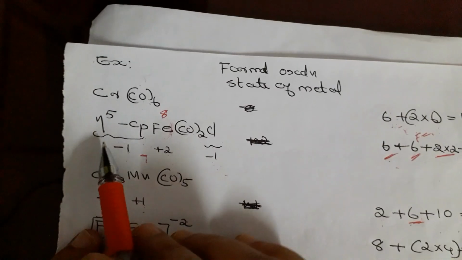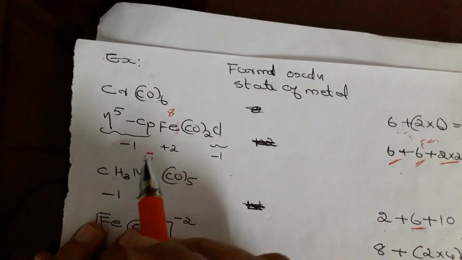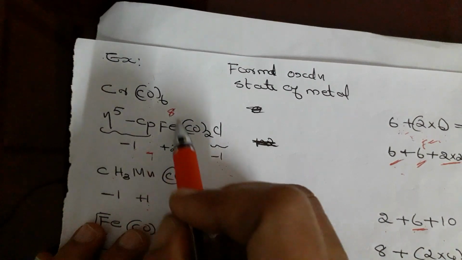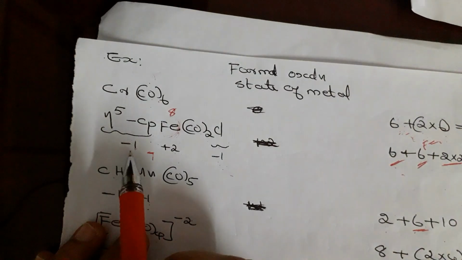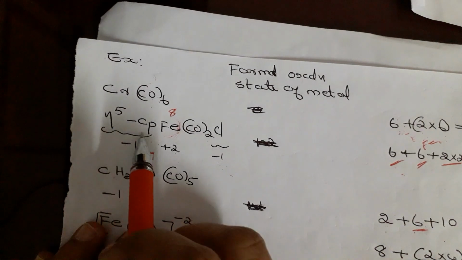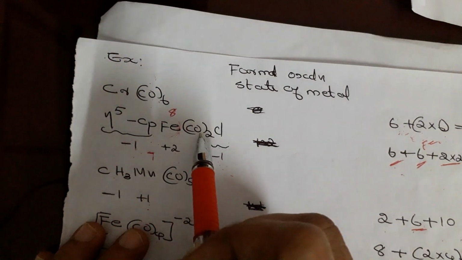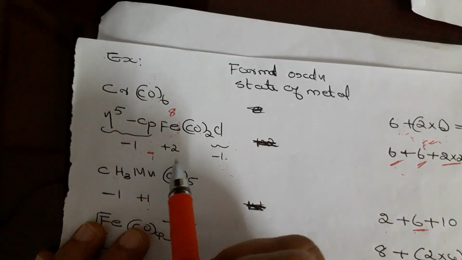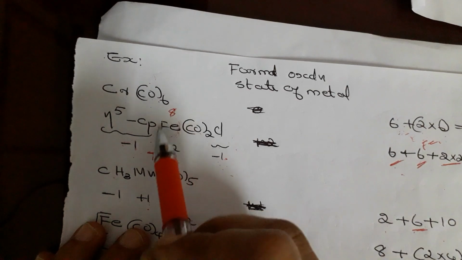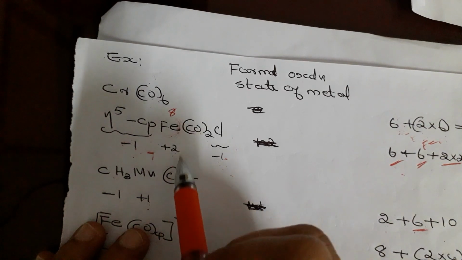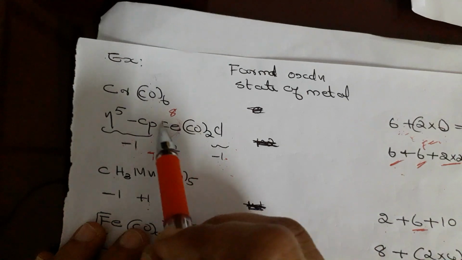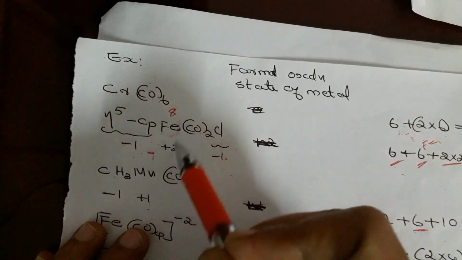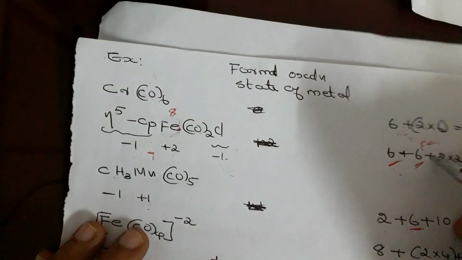Then here, eta 5 Cp Fe(CO)2Cl. You first find out the oxidation state of the metal Fe. The eta 5 formal charge is minus 1, then CO2 here 0, Cl minus 1. So minus 1 minus 1, so the metal oxidation state is plus 2. Fe has total valence electrons 8, so you subtract the oxidation state plus 2, so 6.